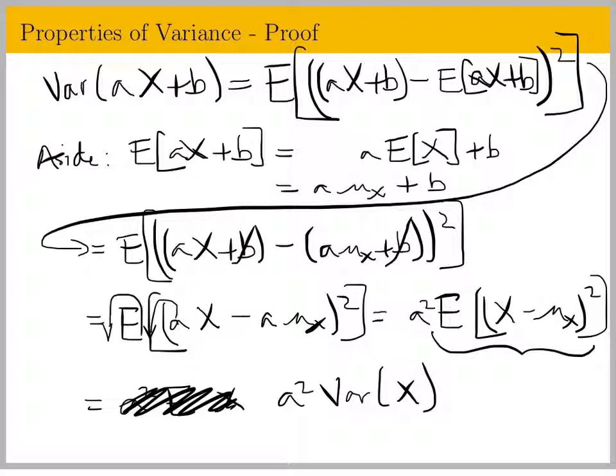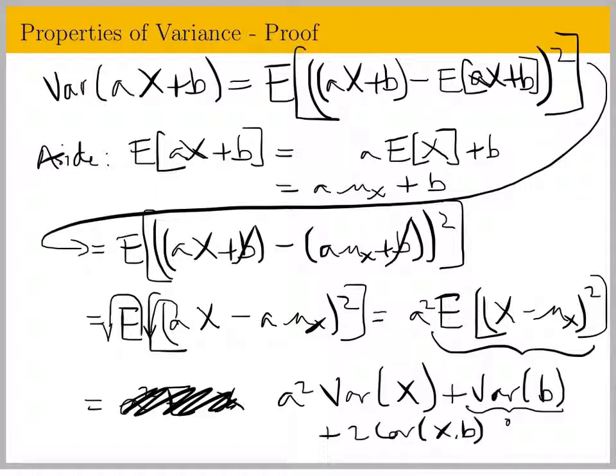So when we add in the variance of B, we could likewise use that definition more generally, plus the variance of B, well, that's 0, plus 2 times the covariance of X and B. Well, B is not varying, so this also is 0.